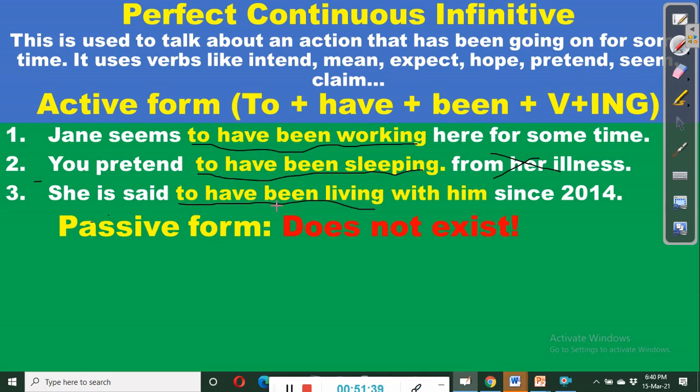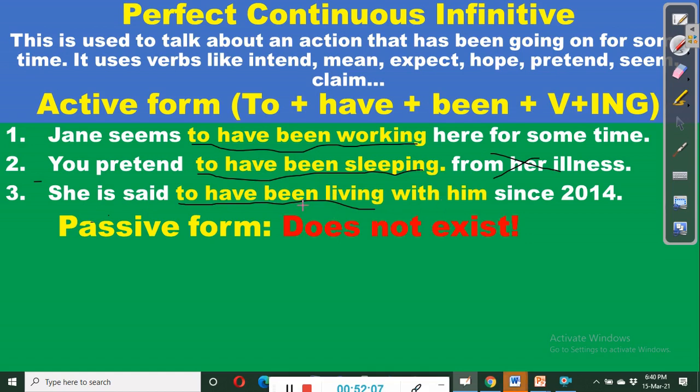And the scenario here is this young woman probably is not yet married to the man. Probably they are cohabiting, and something happens, and then tongues get wagging, and someone is now trying to say something about it. She is said to have been living with him since 2014.